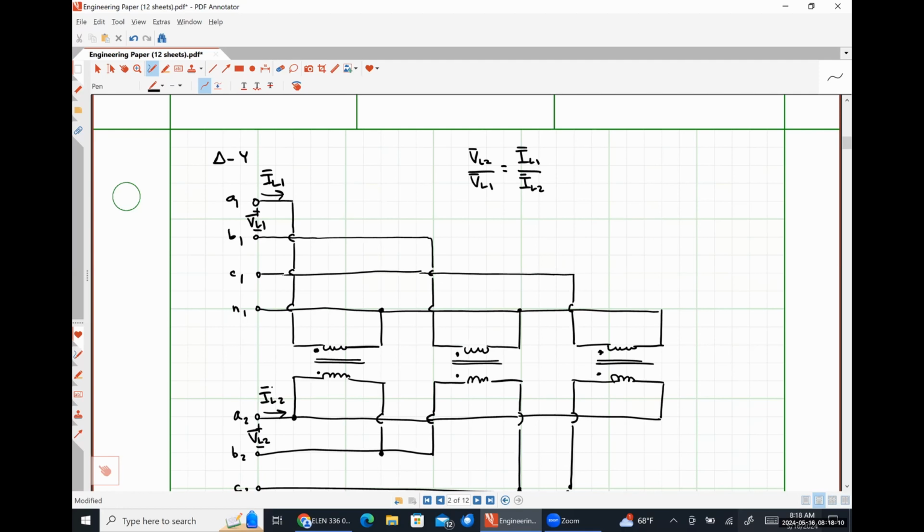So the ratio of the voltages is equal to the inverse of the ratio of the currents, exactly like what we saw before. But instead of it just being related to each other by A, it'll now be A over the square root of 3 because we have a three-phase system. And this set of equations is for treating the Y as the primary and the delta as the secondary, or converting from a Y-connected set of voltages to a delta-connected set of voltages. If we want to go the other way around, it would be the exact same transformer.